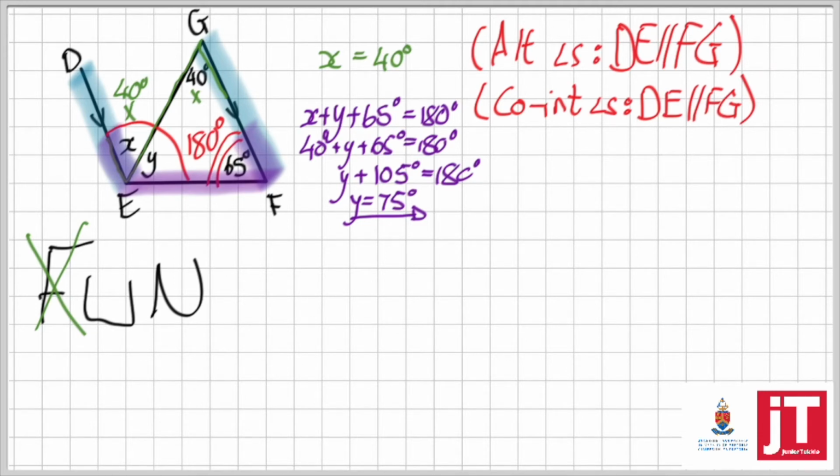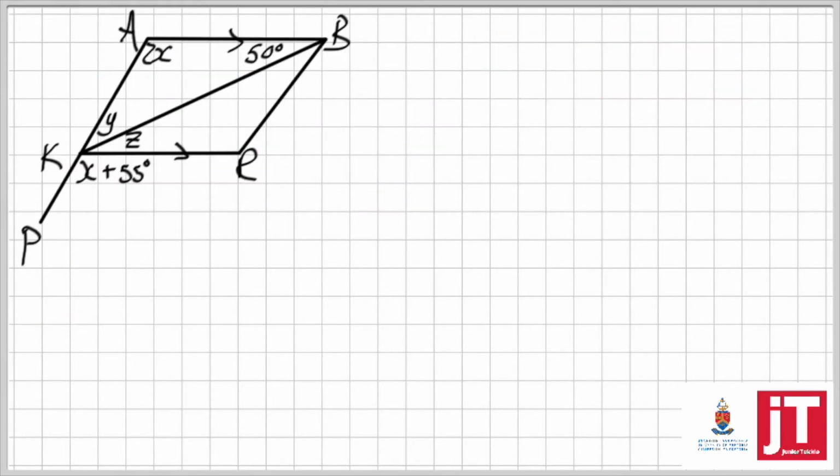Remember, if I'm going a bit too fast for you, try it yourself first and then come back and look at the video and see whether you understand it or not. Let's have a look at the last question for this lesson. This is now a wonderful, typical exam type question.